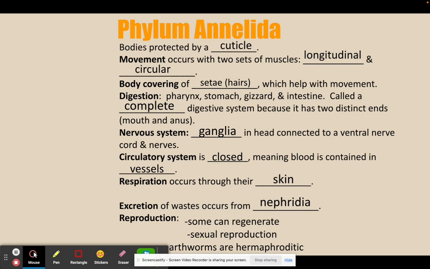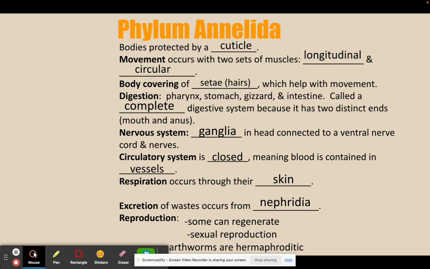The interesting thing about earthworms, or annelids, sorry, I shouldn't just say earthworms because there are several different kinds of segmented worms that fall underneath the phylum Annelida, but some can regenerate, and earthworms are an example that can regenerate. If they are severed, just like the planaria, they can grow any part back that was damaged. However, they will reproduce sexually, just like the nematodes.